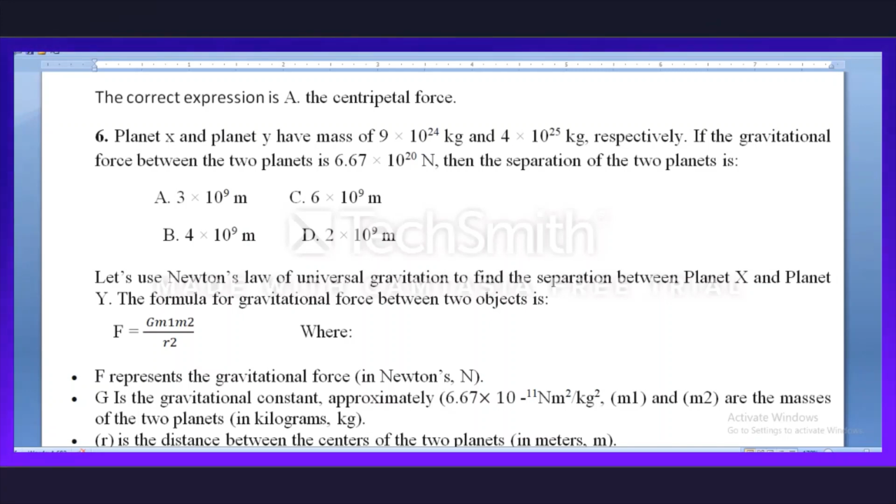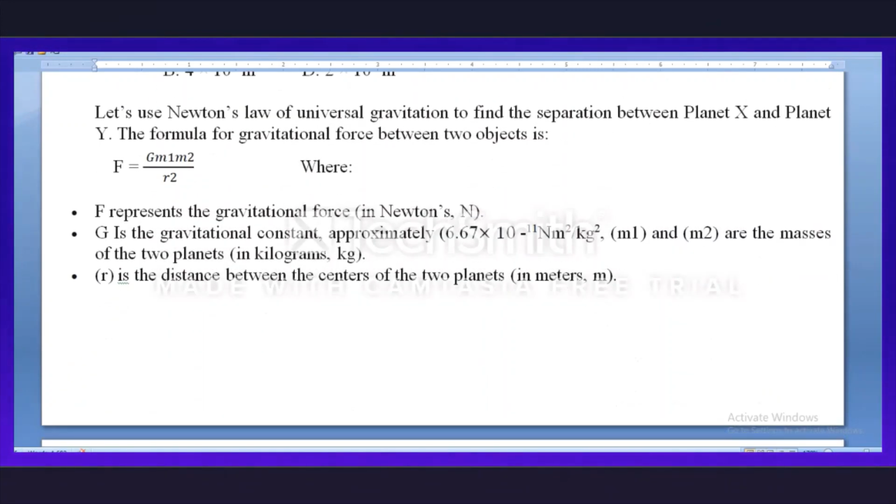The formula we use is F equals G times M1 times M2 over R square, where F represents the gravitational force, G is the gravitational constant, and R is the distance between the planets.